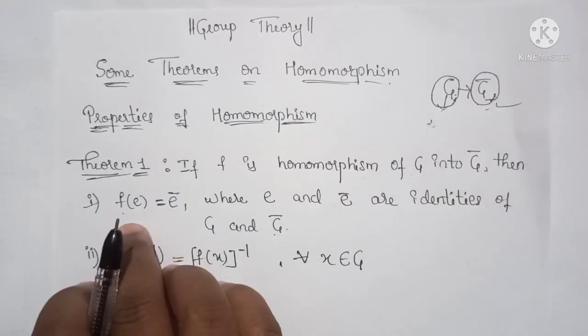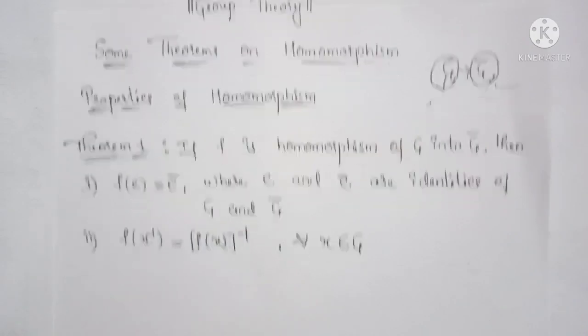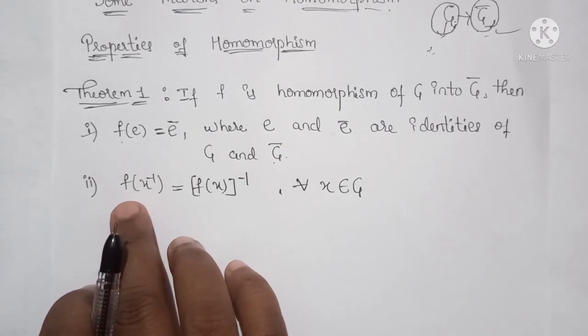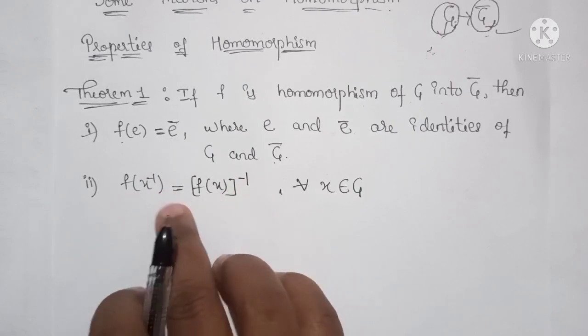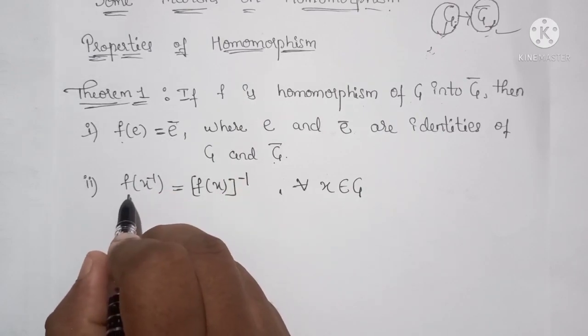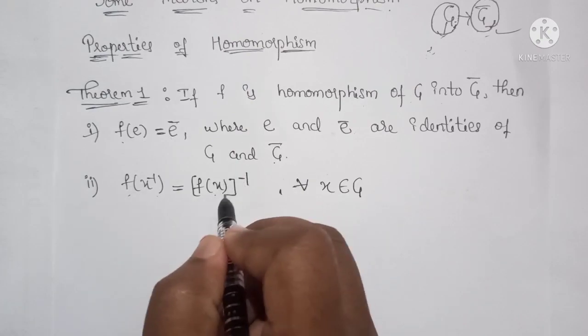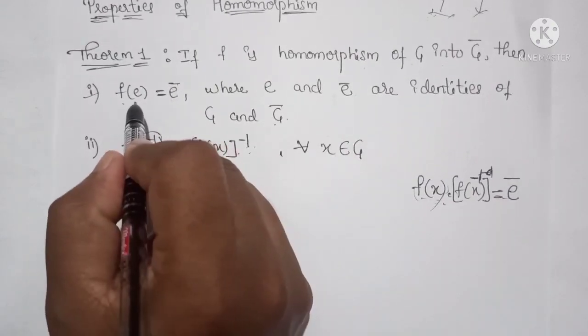So this is f of e is always equal to e bar. Second one, inverse. First see this one: f of x inverse equals f of x whole inverse. So that means the image of the inverse of an element is equal to the inverse of the image of that element. So we shall prove these one by one. First let us prove this one.